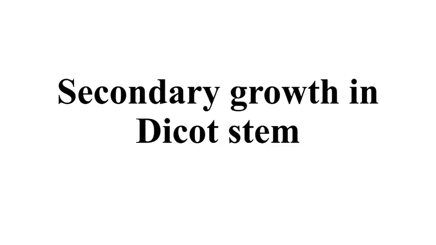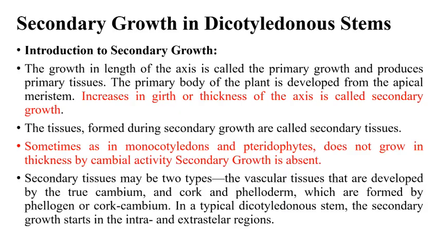Today we will discuss the secondary growth in dicot stem of higher plants. So what is growth? Growth occurs either by length or by thickness. The growth in length of the plant axis is known as primary growth, and it is produced by the primary tissues.